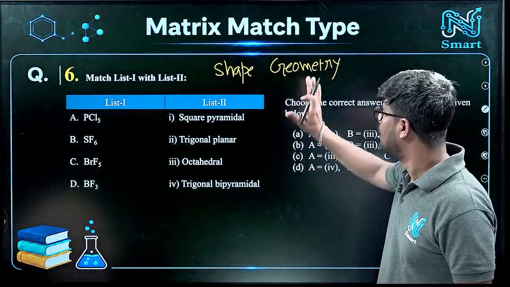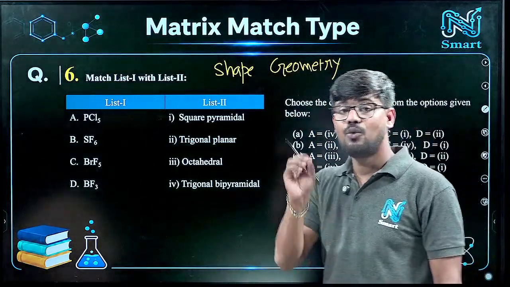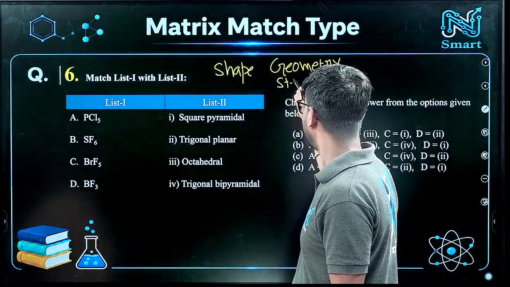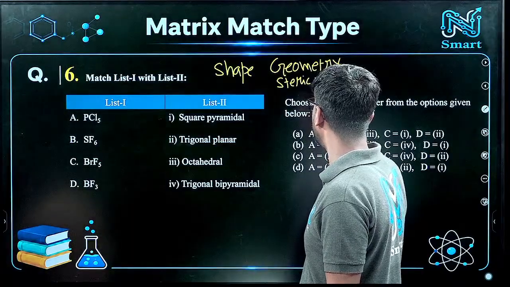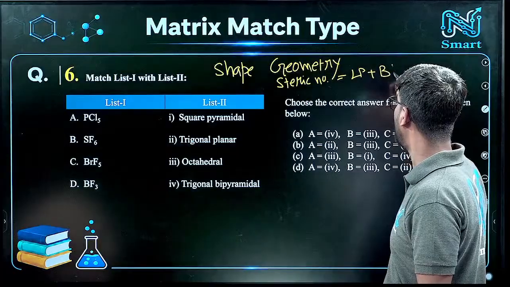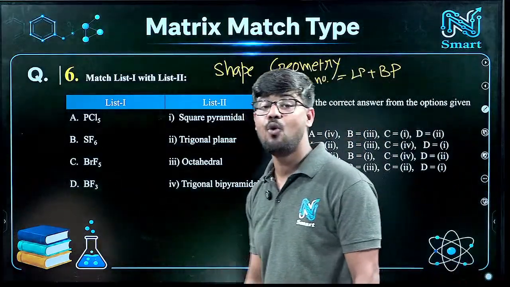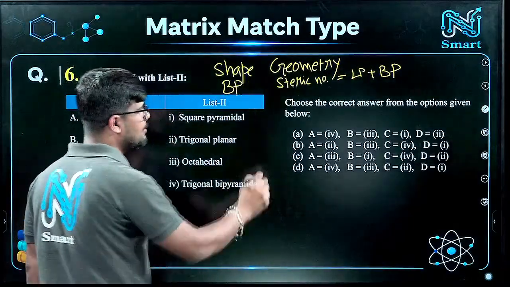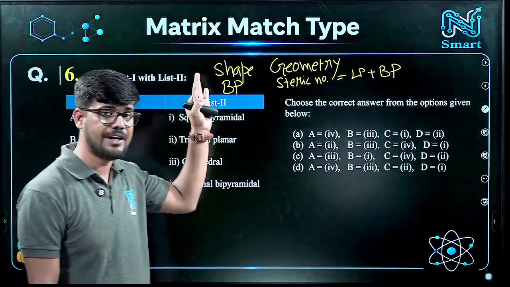Do not be confused. In geometry, we only consider the steric number, which is equal to the number of lone pairs plus the number of bond pairs. But in case of shape, you only consider bond pairs. This is a very, very important idea.